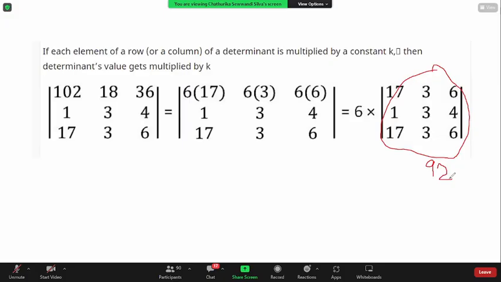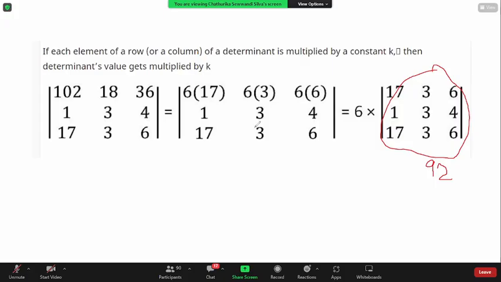Next, you will be given this particular matrix in the same question. But if you closely look at the first row, you will identify that almost all the elements of the first row are multiplied by the same constant, 6. So then you can take 6 out.